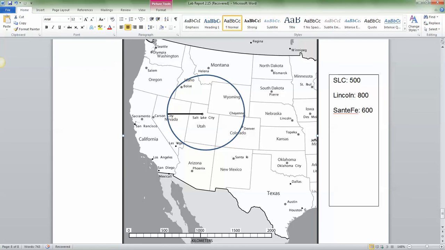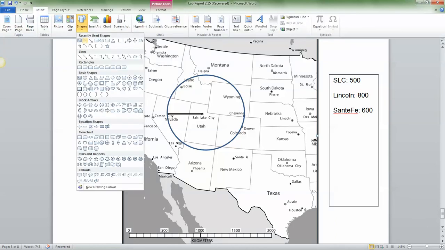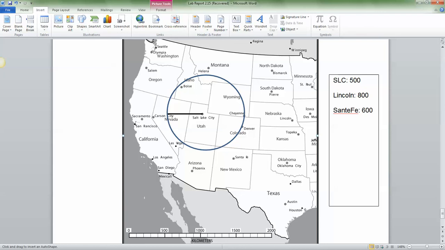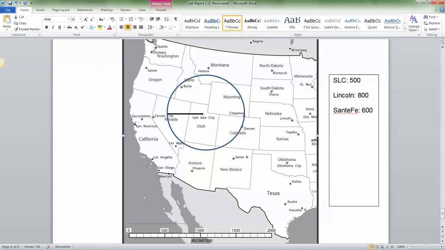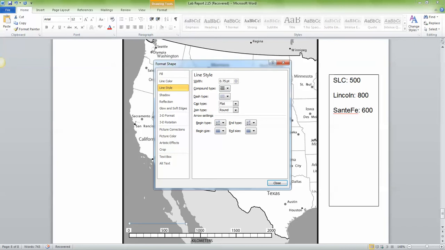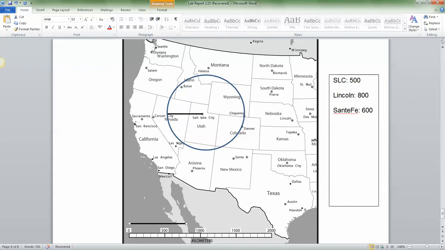Next, I'm going to draw the line for Lincoln. I'm going to grab my straight line tool, measure 800. I'm going to format that line so that we can see it more clearly. And I'm going to pick that up, bring it over to Lincoln, Nebraska.